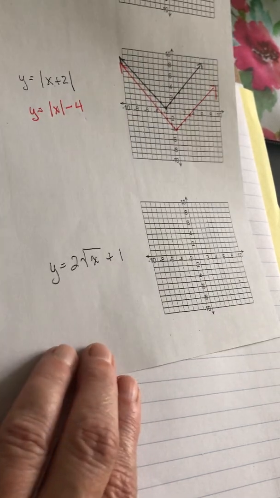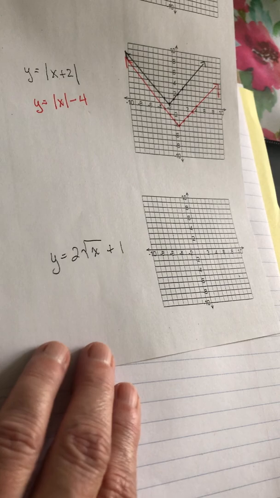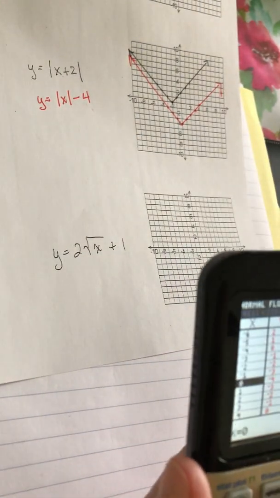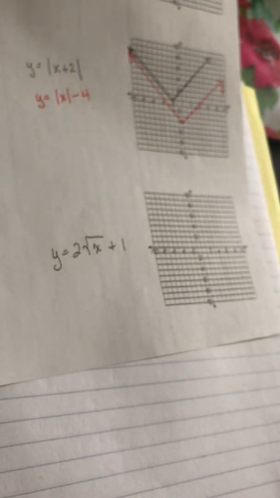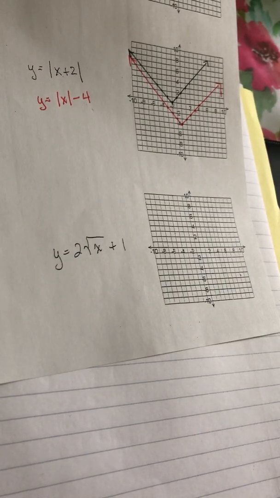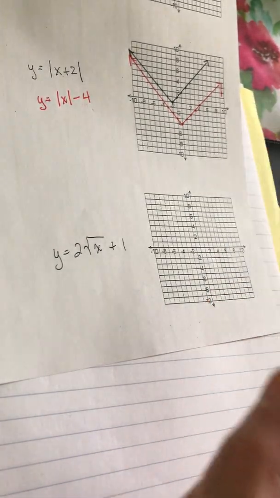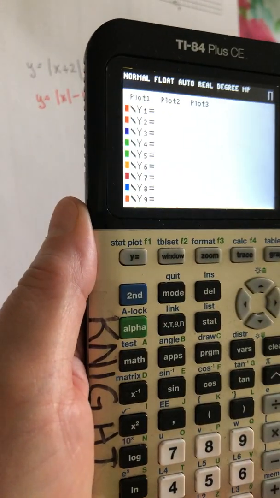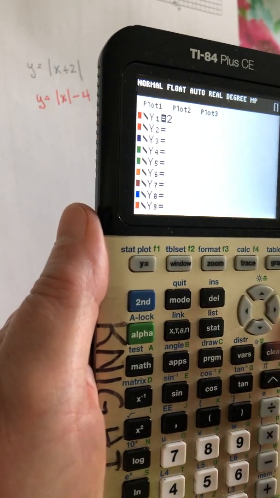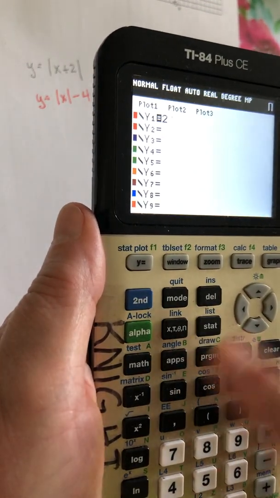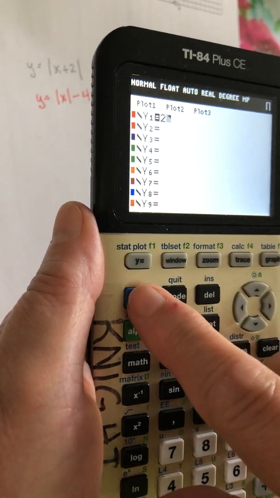Okay, all right, the third one, y equals clear. Now that 2 in front means 2 times the square root of x. Do you remember where the square root key is? It's above your x squared. So I'm going to do 2. My calculator does order of operations, so it automatically does times when you've got it next to.